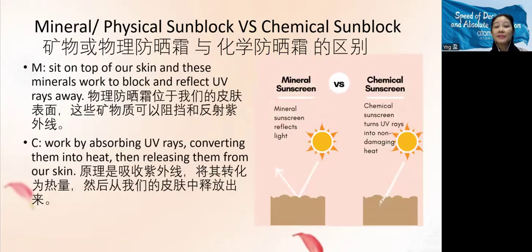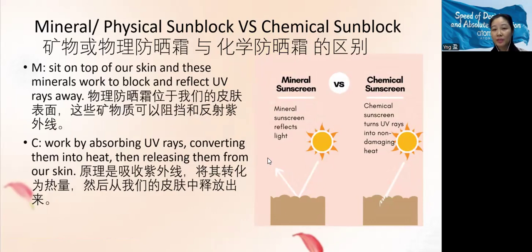Mineral sunscreen sits on top of our skin, and these minerals work to protect and reflect the UV rays away from our skin. Whereas chemical sunscreen works by absorbing the UV rays, converting them into heat, and then releasing them from our skin. These two pictures show it clearly.